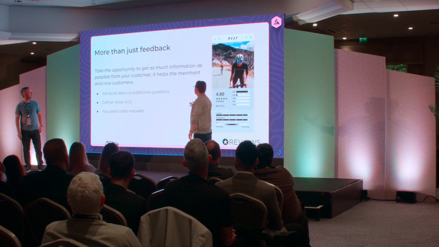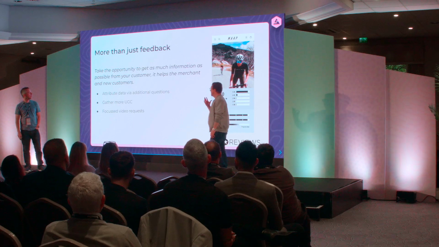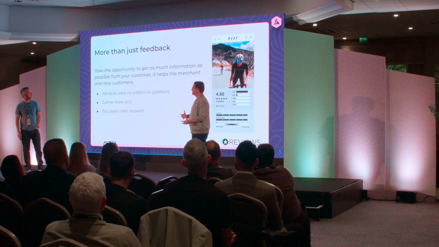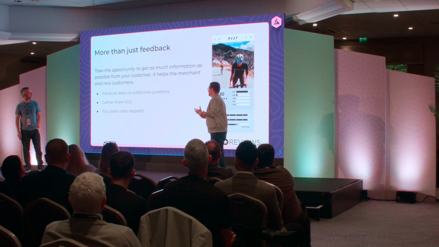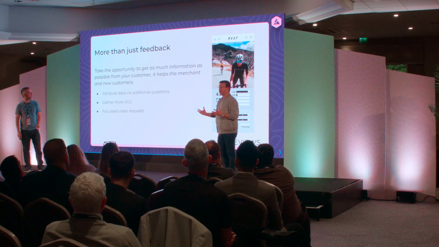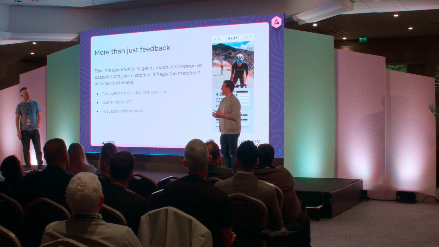So this is more about the types of feedback and the types of content you can collect within a review. I always talk about UGC to our customers, and I think it's really important to understand and define what UGC is from a review perspective. It's not just a star rating and a comment anymore.